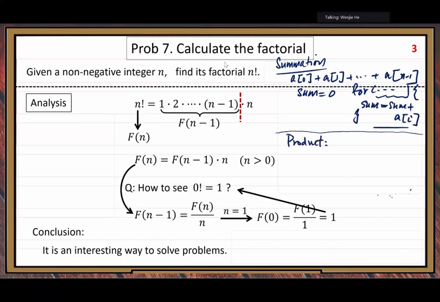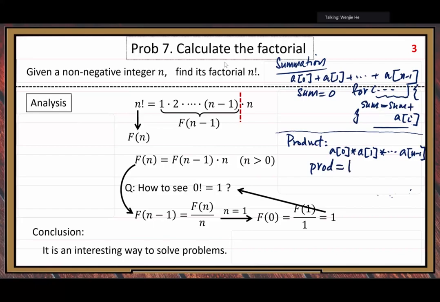How do you calculate a product? Suppose we need to calculate the product of a sequence of numbers in an array. We also use a for loop to calculate this product. You use a temporary variable, similar to the sum, but this time you initialize it to 1.